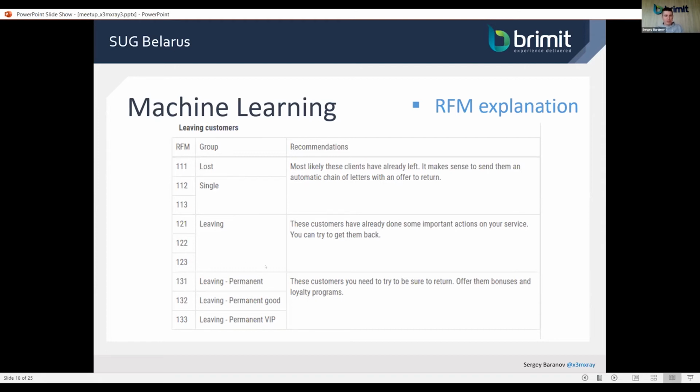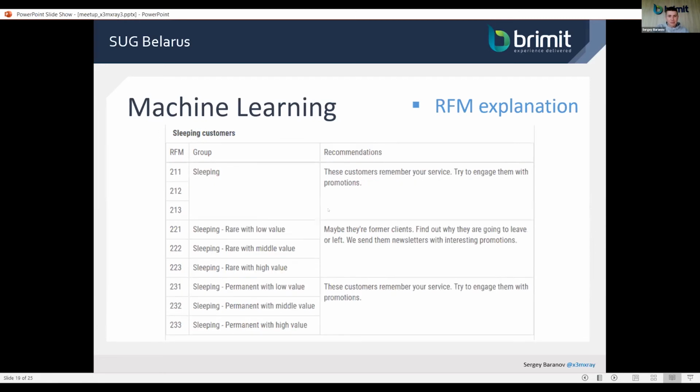And as you can see, for the RFM methodology, there are many recommendations used by marketers, and you can use these recommendations to do some personalization, some campaigns, and whatever you want. The second group is sleeping customers.